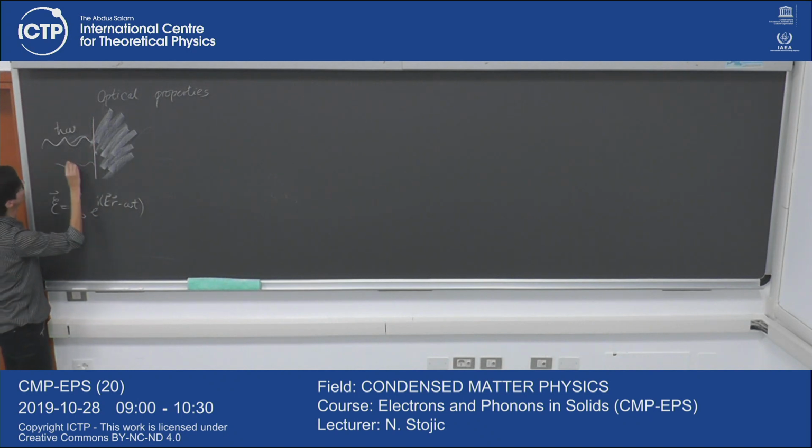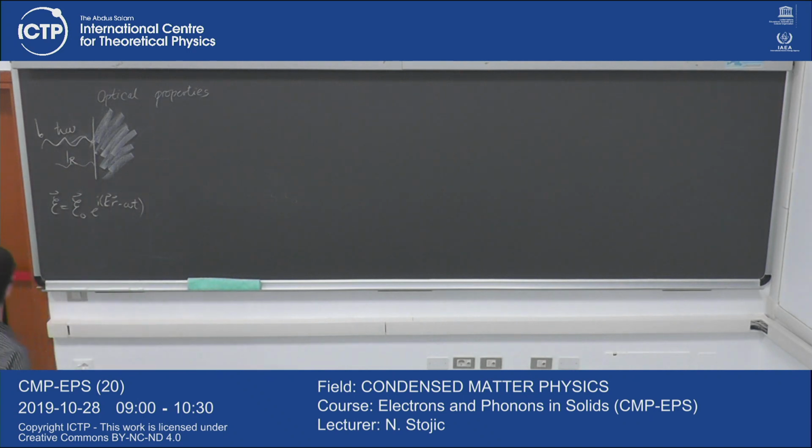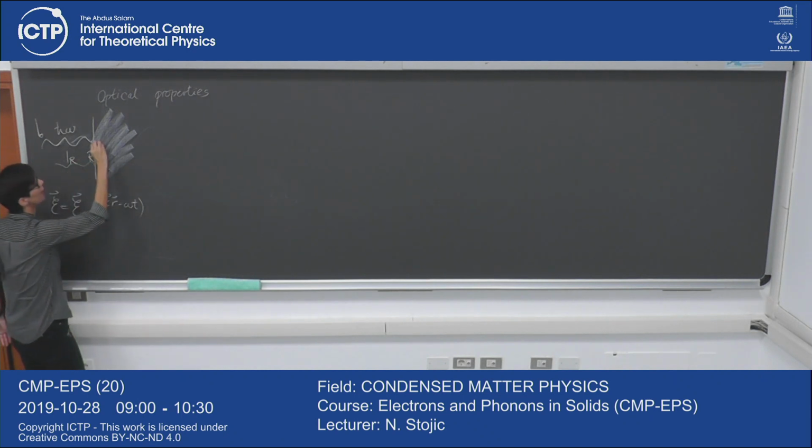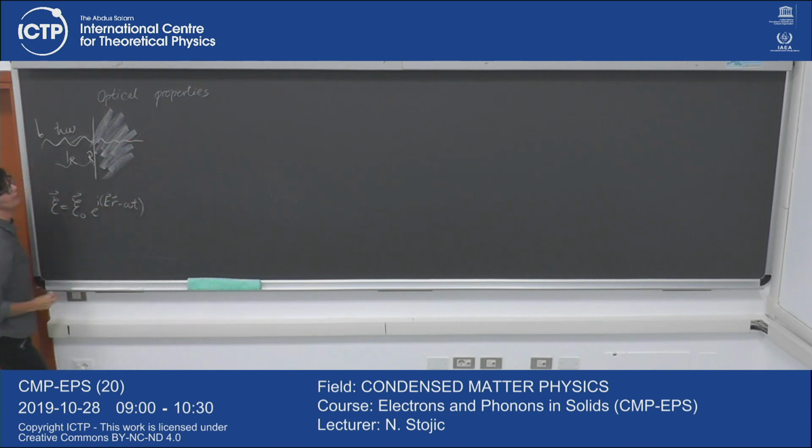This is incident light. Intensity is proportional to the square of the field. This is reflected light, which depends on the reflection coefficient, R. Normally it's a much smaller amplitude. And then there'll be a part which is actually transmitted, decaying.